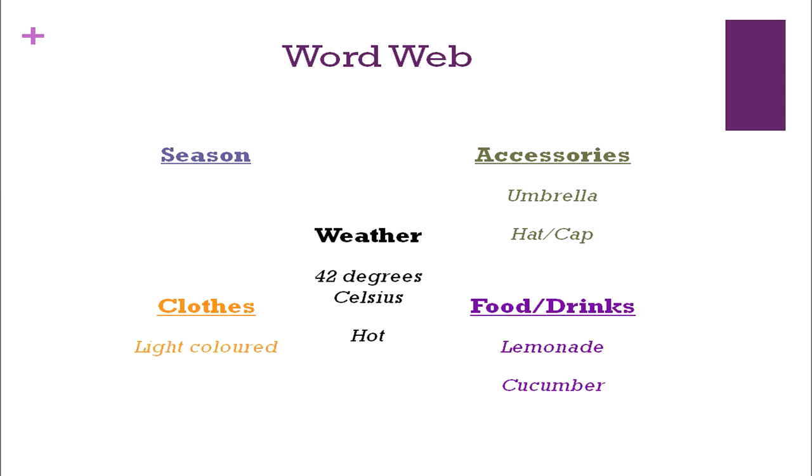What accessories do you need? What kind of food and drinks do you have when it is very hot? What kind of clothes do you wear? And what is the season? So, it is largely summer season, and we use a cap or a hat, we use an umbrella to cover our heads, and in summer season we use cold drinks like lemonade, we eat cucumber, it keeps us cool, we wear very light colored cotton clothes.